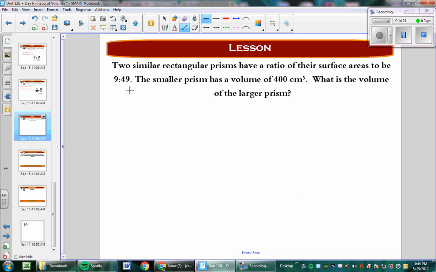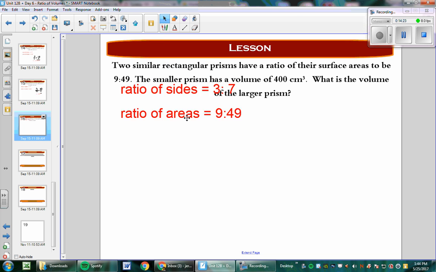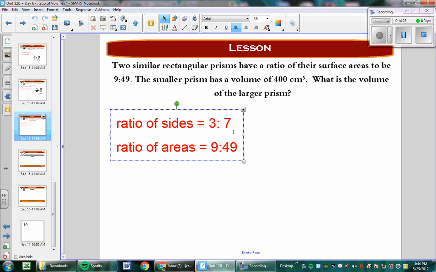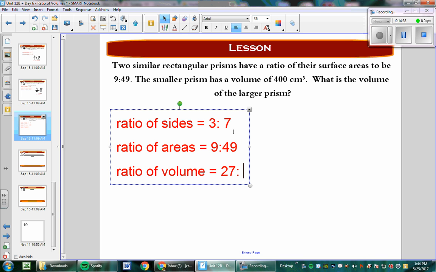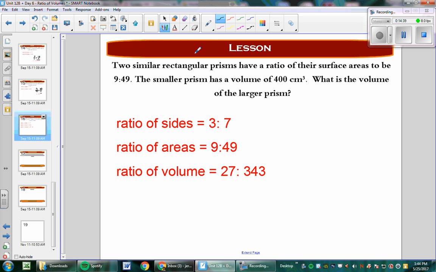Now if we have that same situation, but now we want to deal with the volume, what we have to do is find the ratio of volume. Now 3 cubed is 27, and 7 cubed is 343. The smaller prism has a volume of 400. Since it's volume, this is the ratio we're looking at.